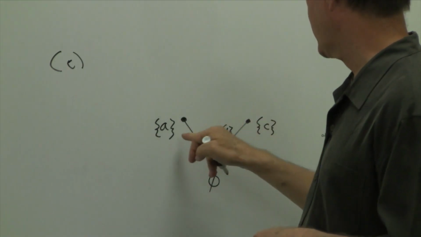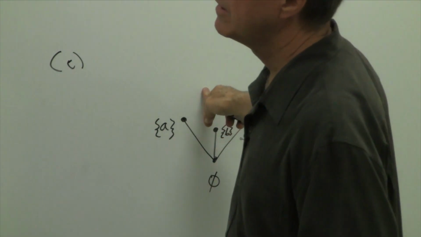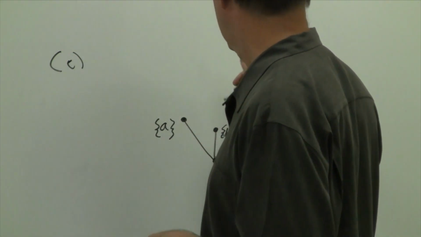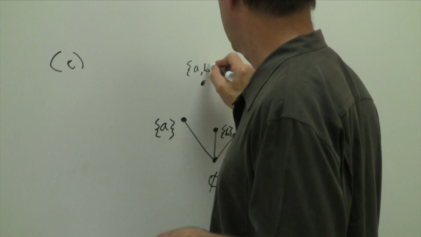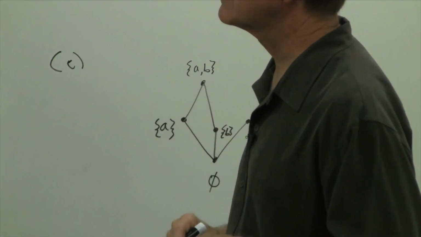So AB, both A and B are going to be subsets of AB, right? And then what else?